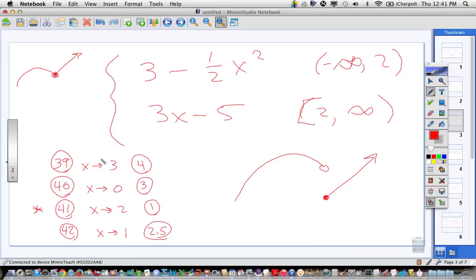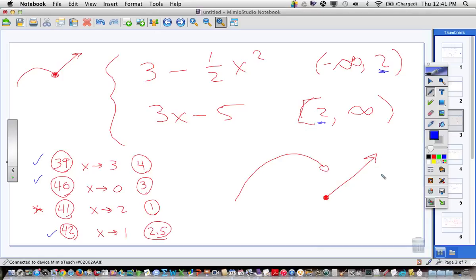So this is the first time you're going to see this problem, and you'll see it a lot. It'll ask a lot of different questions, but when you see it piecewise, a couple things you want to focus in on. Number one, where does it break? Well, this one breaks at 2. Those are the points we worry about, because you were right on these other ones. On 39, 40, 42, you were right to just plug in, because you knew you had a parabola and you knew you had a line, which are nice and smooth. Remember in the video, it said that there's a break there?